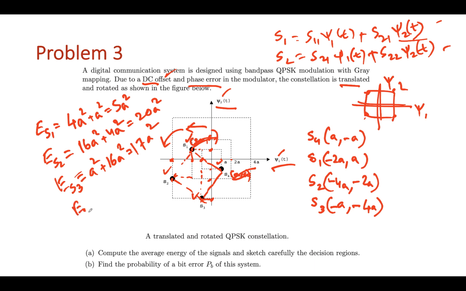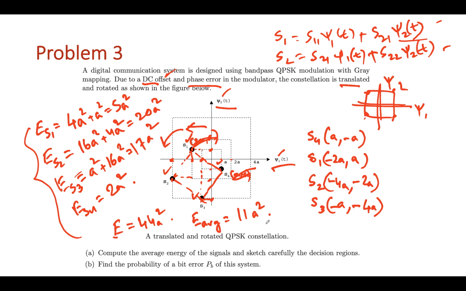And for S4 this energy is twice A square. The total energy will be the sum of all these: 5 plus 20, 25, plus 17, 42, plus 2, 44. So the total energy E is 44A square, and therefore the average energy is this divided by 4. So the average energy is 11A square, because you have 4 signals.